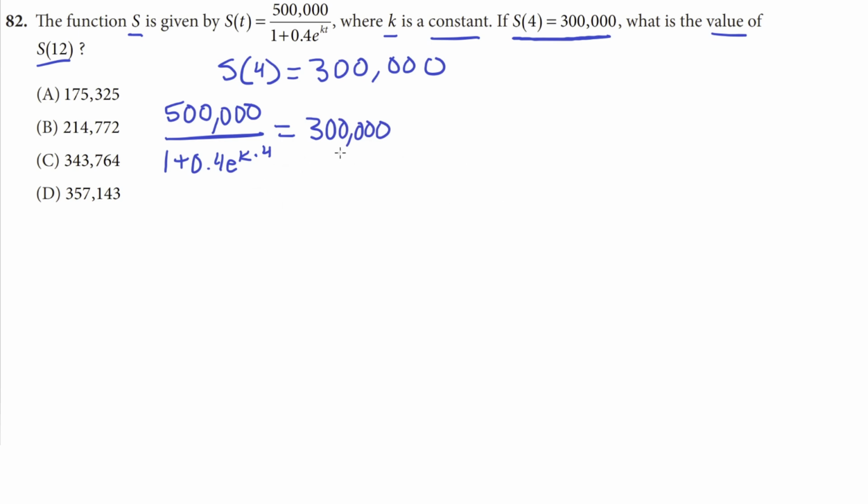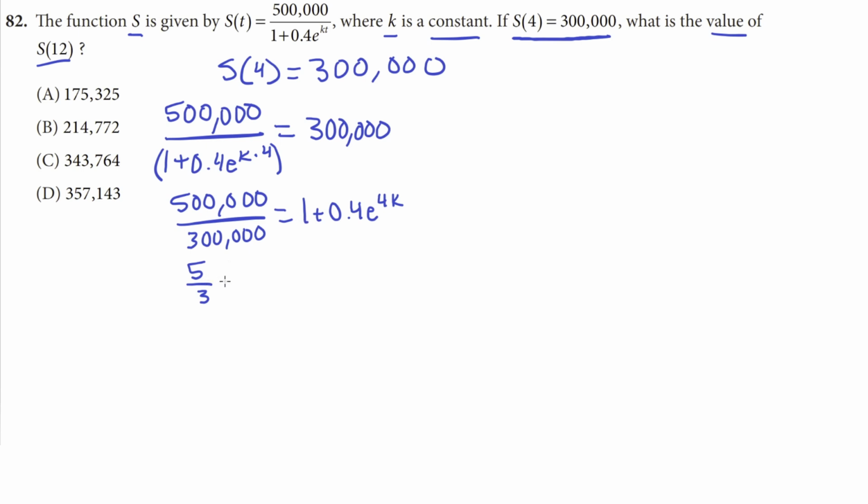Now let's rearrange this. We'll divide both sides by 300,000 and multiply both sides by this denominator. So we'll be left with 500,000 over 300,000 equals 1 plus 0.4 e to the 4k. 500,000 over 300,000, that's just equal to 5 over 3.